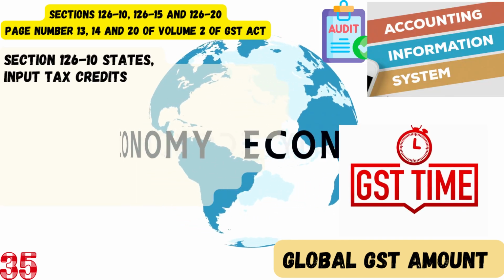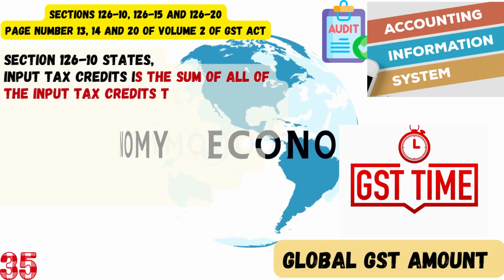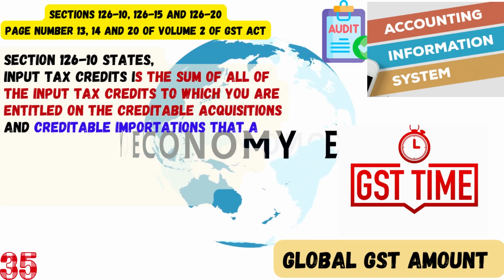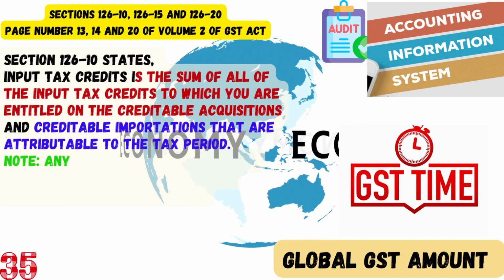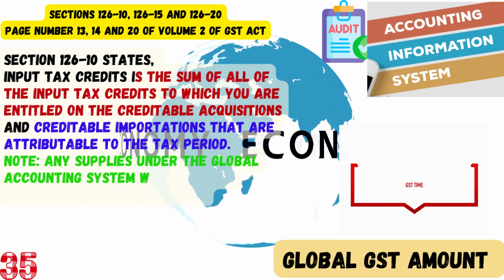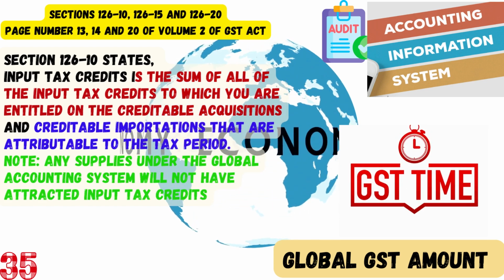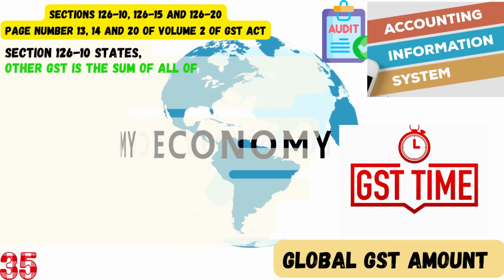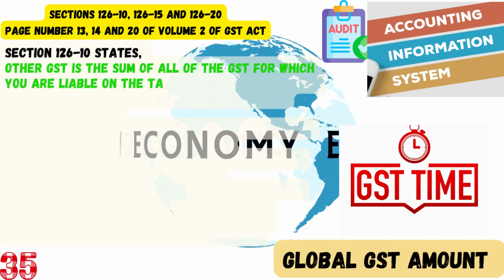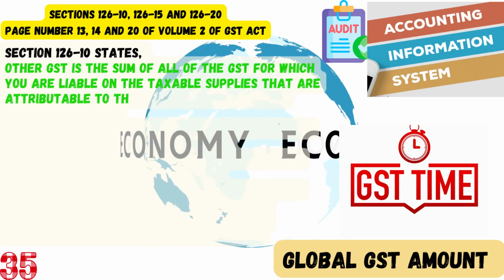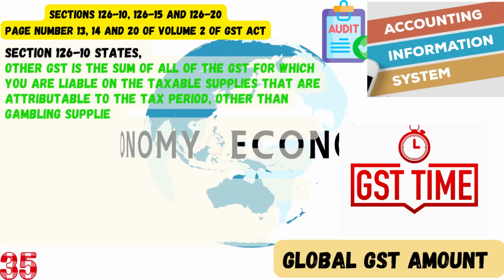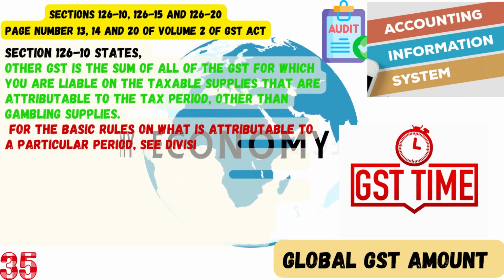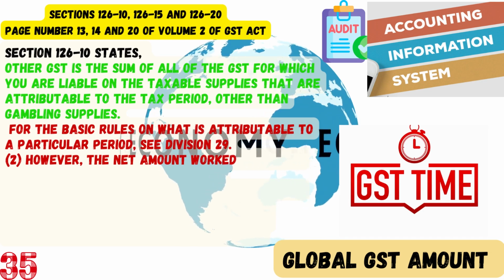Input tax credits is the sum of all of the input tax credits to which you are entitled on the creditable acquisitions and creditable importations that are attributable to the tax period. Note: any supplies under the global accounting system will not have attracted input tax credits. Other GST is the sum of all of the GST for which you are liable on the taxable supplies that are attributable to the tax period, other than gambling supplies. For the basic rules on what is attributable to a particular period, see Division 29. 2.